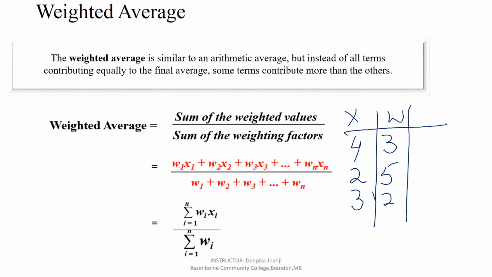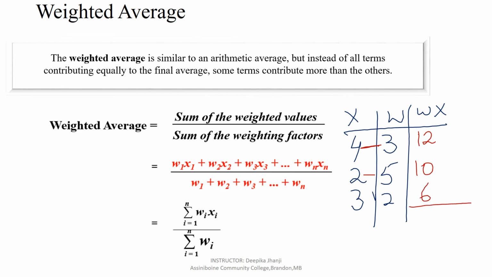Now the process to calculate weighted average is, you will calculate the product of W and X. That means you're going to multiply the corresponding values of X and W. Now 4 times 3 is 12. Next multiply 2 and 5. So you get 10. 3 times 2 is 6.